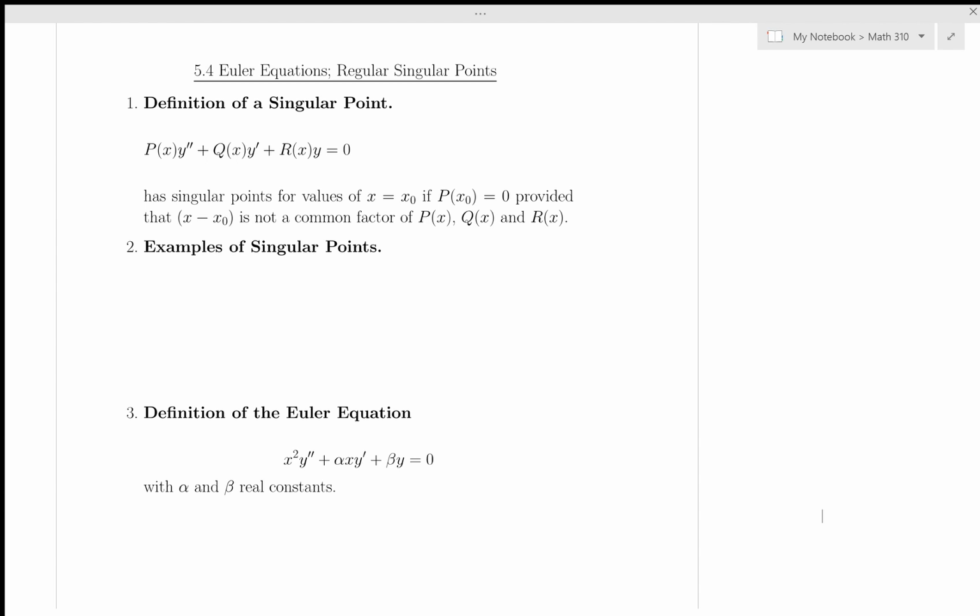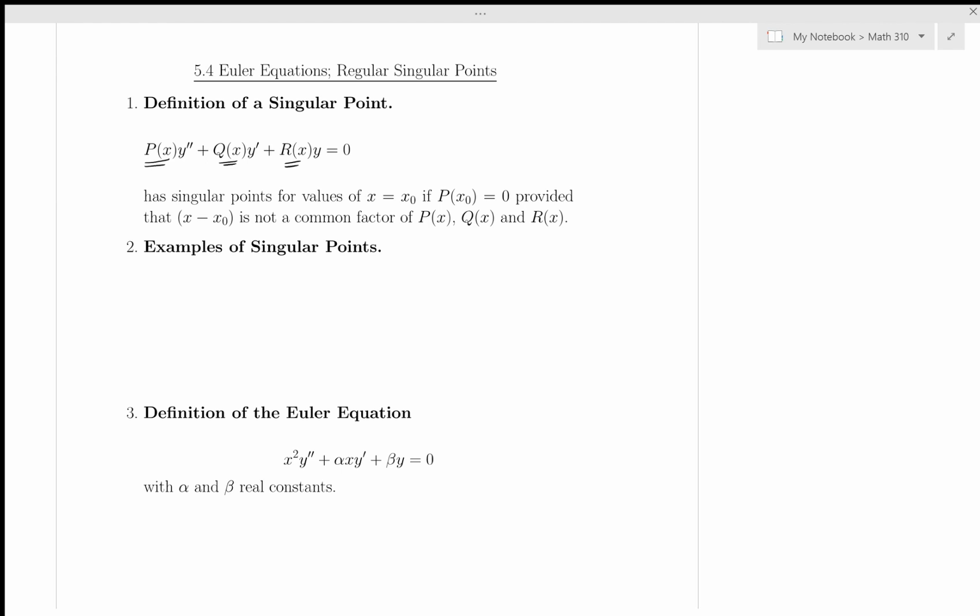So first of all, let us understand what is a singular point. If we have a second order homogeneous differential equation like we have here, and we identify the coefficients on the y double prime, y prime, and y, and those are functions of x, so they're not constant coefficients, but this is also still linear, because those things are all just functions of x.